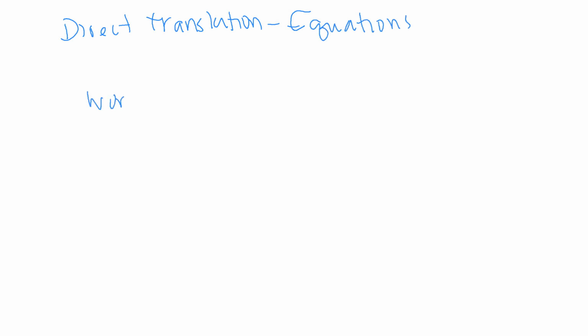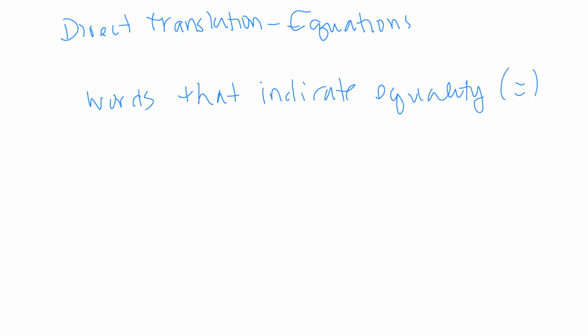Okay, so direct translation, same old, nothing new there. But this time we're going to look at equations. Okay, so some words that indicate equality, and that means we're looking for that equal sign, is, if I say this side is the same as that side, the word is would indicate an equal sign.